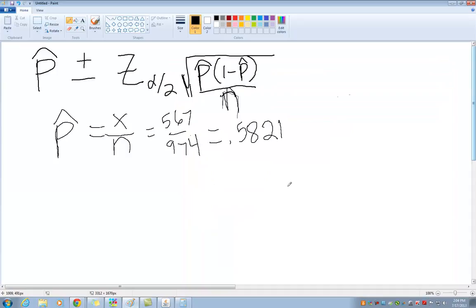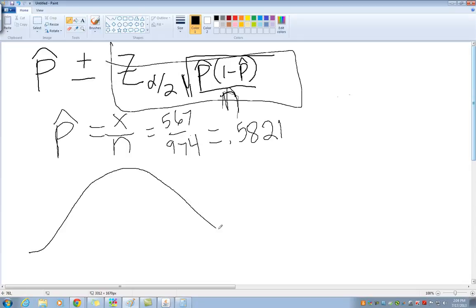So our margin of error is this piece right here. To get that margin of error, we have to calculate that Z. So we calculate the Z by drawing the picture of the standard normal distribution. They're going to tell you to go to the table, but I'm going to say go to StatCrunch.